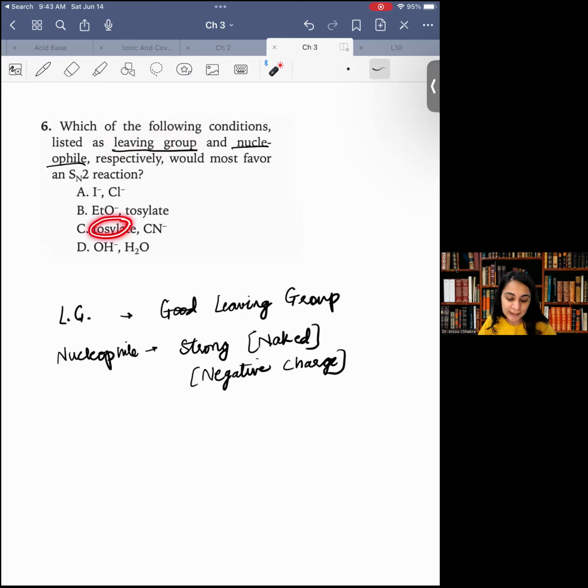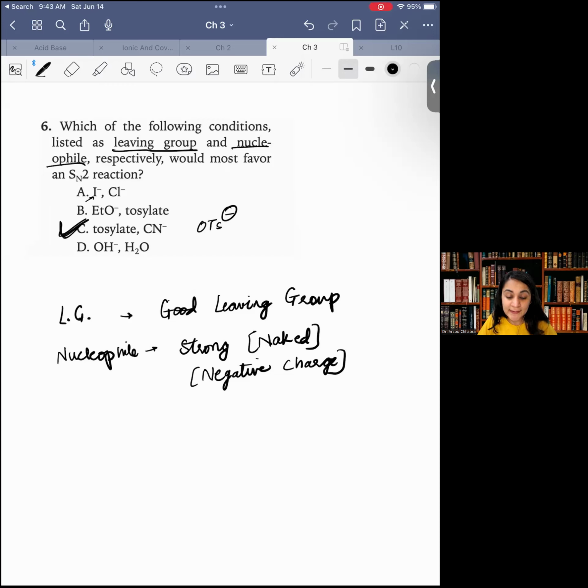So we know tosylate is OTs negative. It's actually like the best leaving group, one of the really good leaving groups. And then CN minus is also a very strong nucleophile because it has a negative charge, right? So this is a possibility. And then the other possibility is I minus and Cl minus.